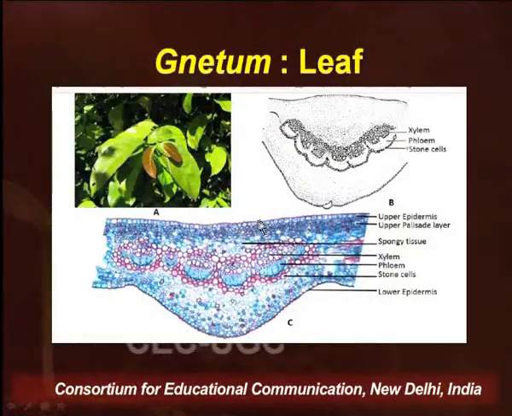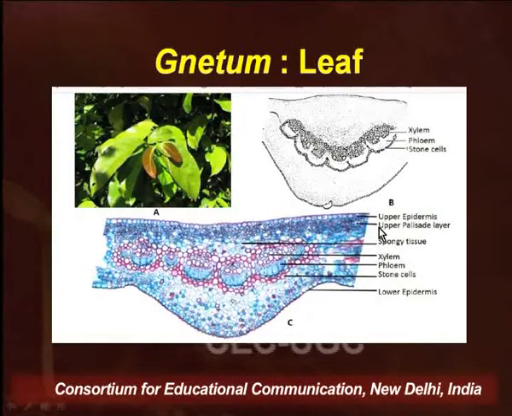So, in a cross section, the outermost layer is the upper epidermis, and on this upper epidermis is present a thick cuticle. Just below the upper epidermis, elongated cells are found which have chloroplasts present in them.